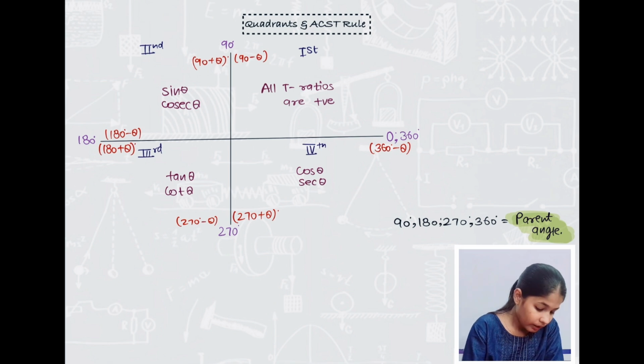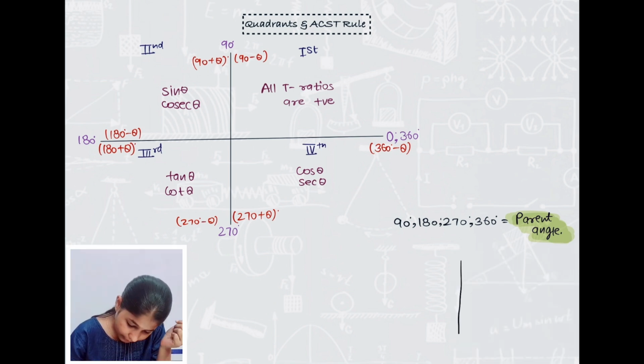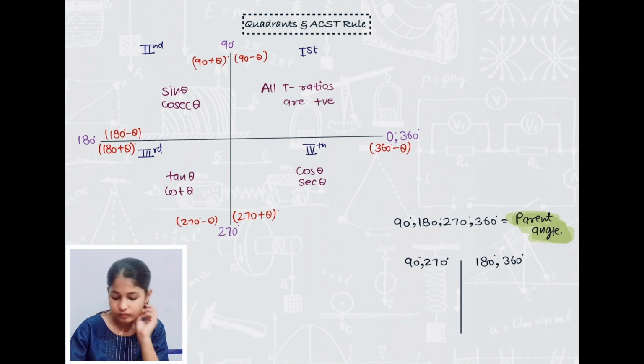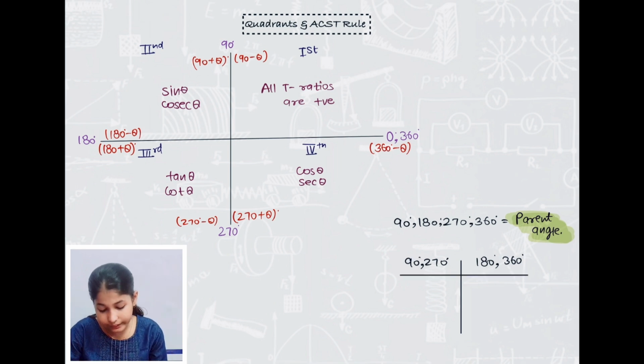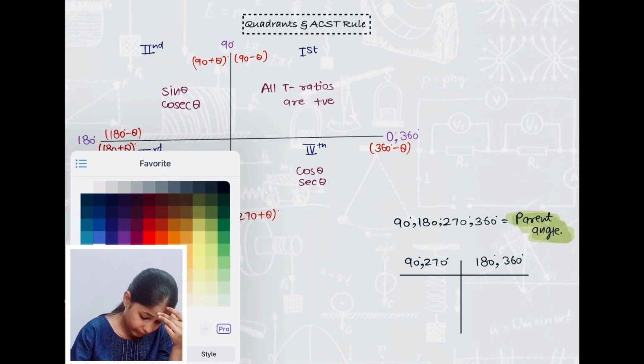Now, a very important rule is coming. In case of 90 degree and 270 degree, some of the changes will occur, and in case of 180 degree and 360 degree, some changes will also come in them. So let's talk about it in detail.